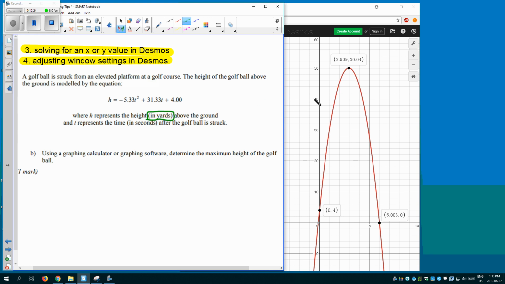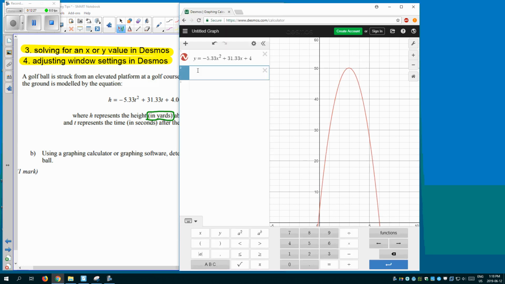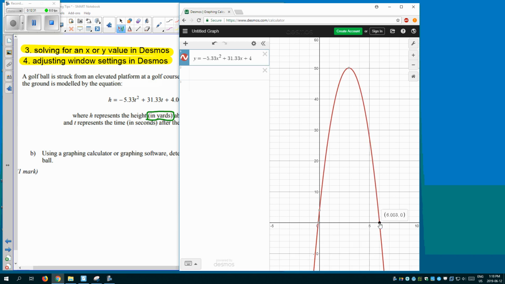Okay, so we can tell that it's still in the air at 5 seconds because it takes 6 seconds for that golf ball to come down and hit the ground, 6.003, but rounded to 2 decimal places, 6.00. So at 5 seconds, it's going to be approximately this high off the ground, which again, approximately we can see is somewhere between 20 and 30.